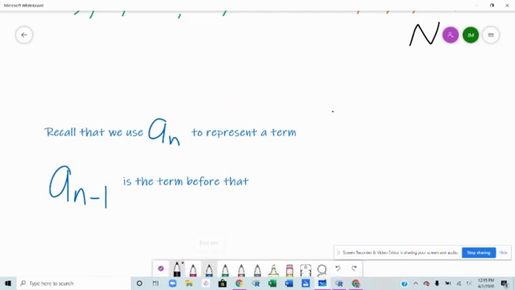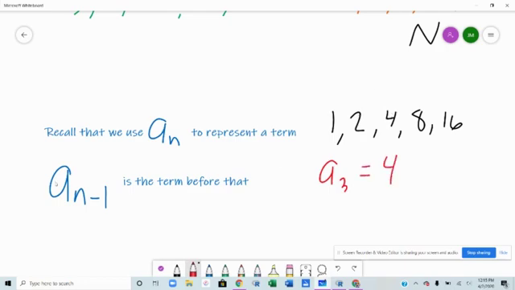So when I've got 1, 2, 4, 8, 16, when I say a3, that means I'm looking at the third term. This is the first, second, third term. a3 is 4. So a sub n minus 1 would mean the term before that, which would be 2.